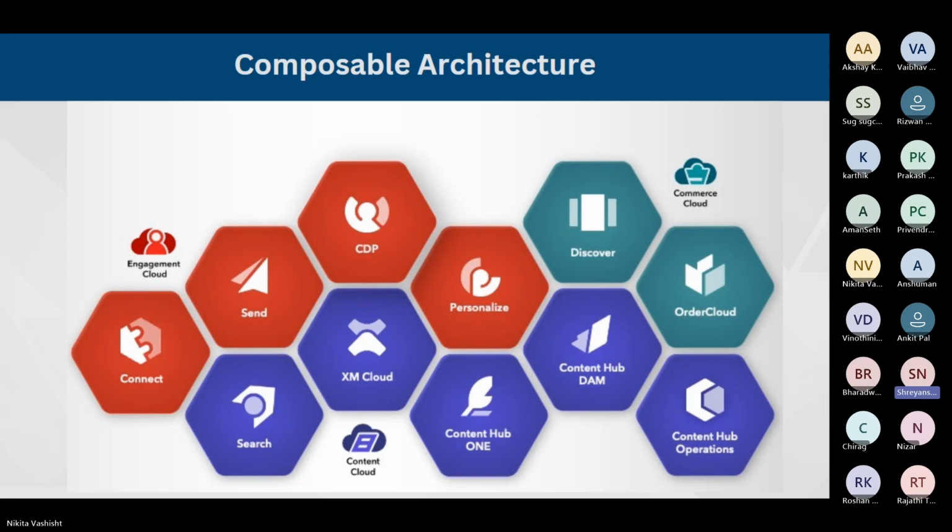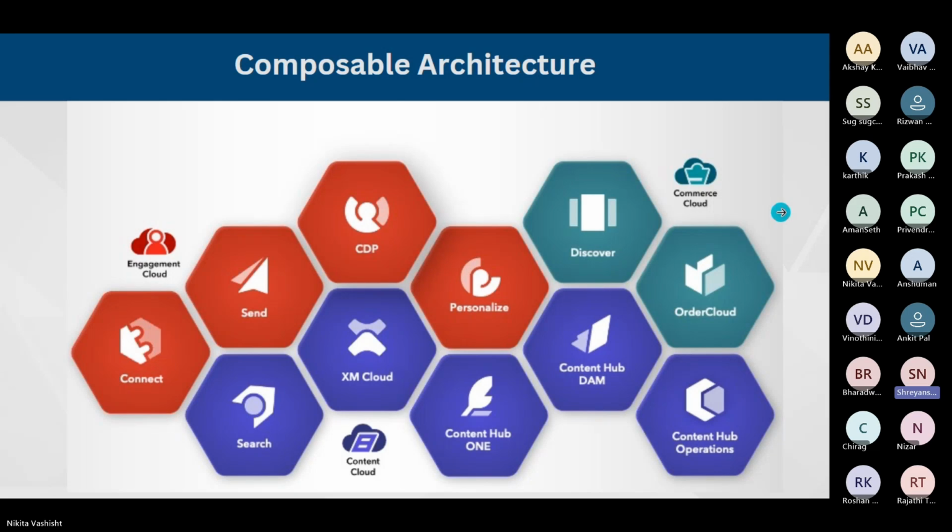Sitecore has divided broadly their products into three main suites. One is the content cloud, which has the content hub, the XM cloud, the search, and all those capabilities. Then is the commerce cloud, wherein you have discover and the order cloud, and then the engagement cloud, which is about connect, send, CDP, and personalize.